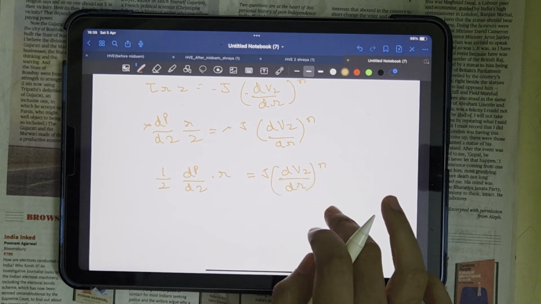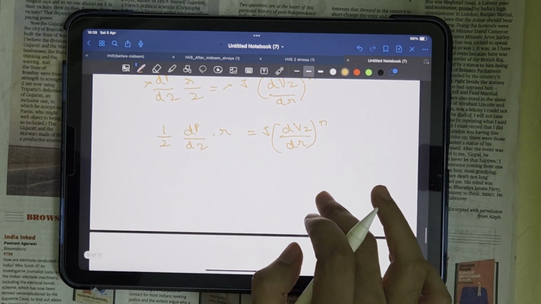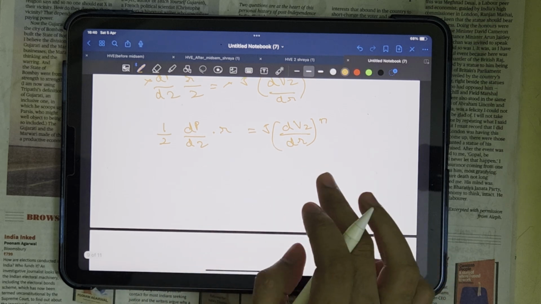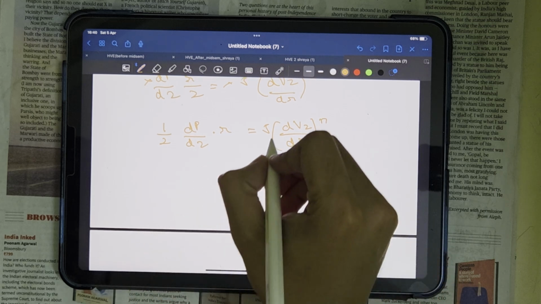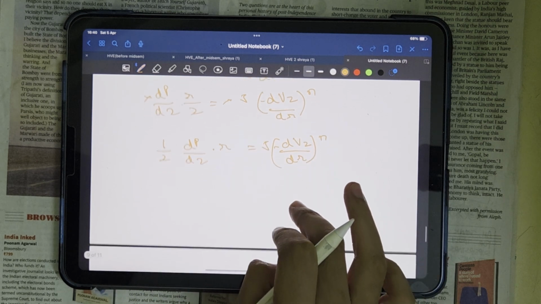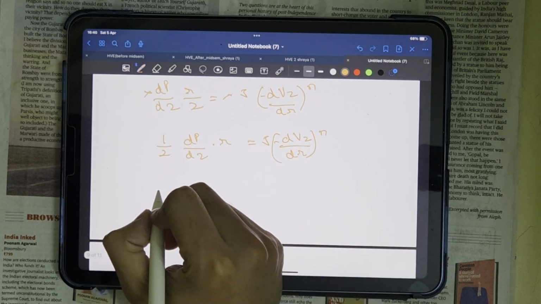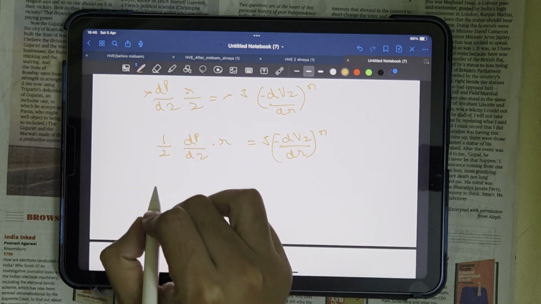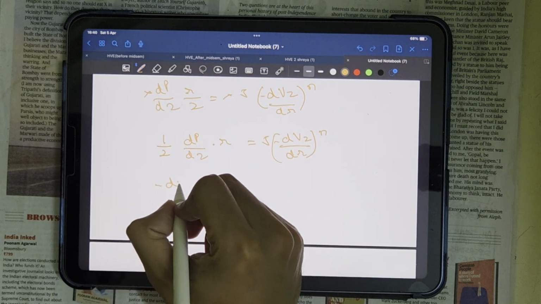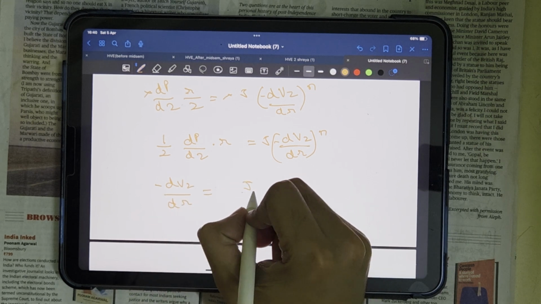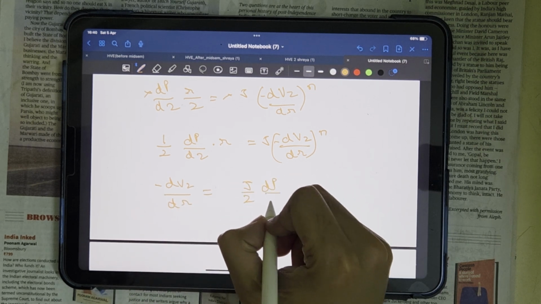Now we will use some mathematics, and there is a negative sign here. So we will get here minus dvz by dr is equals to j by 2 dp by dz whole power 1 by n and r to the power 1 by n.